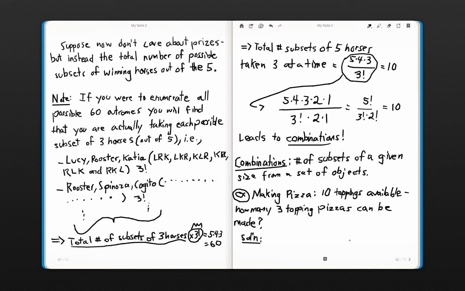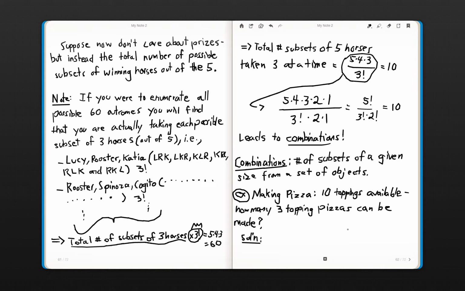In the context of the problem, we don't really care the order in which the toppings are actually placed on the pizza. If we did, that would be a permutation, but clearly at the end of the day, after the pizza comes out of the oven, we don't really care how it was put on. We just want to know if 10 toppings are available, how many different pizzas can be made that have 3 toppings. So this is a combinations problem.